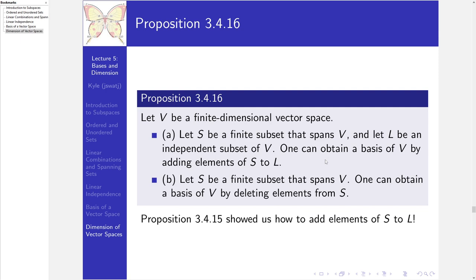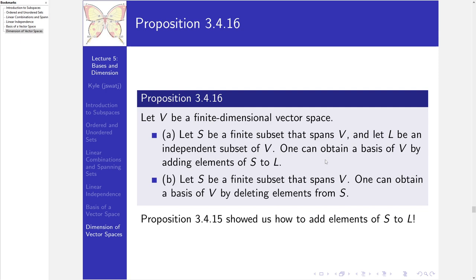So let V be a finite dimensional vector space and S be a finite subset that spans V. And let L be an independent subset of V. Then you can obtain a basis of V by adding elements of S to L. So basically L is this independent set and it will be smaller than whatever the basis is.